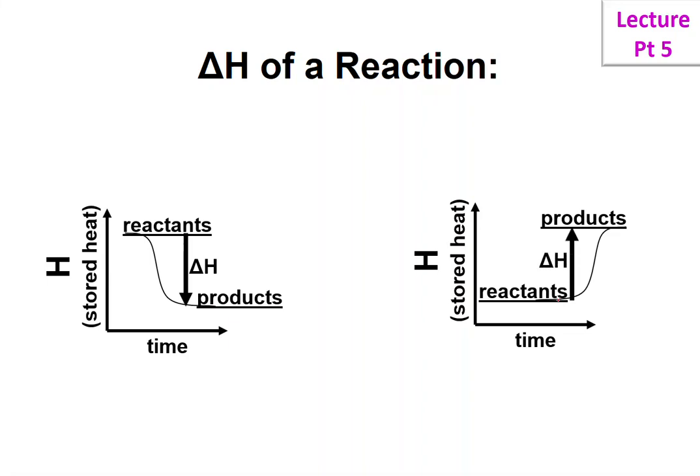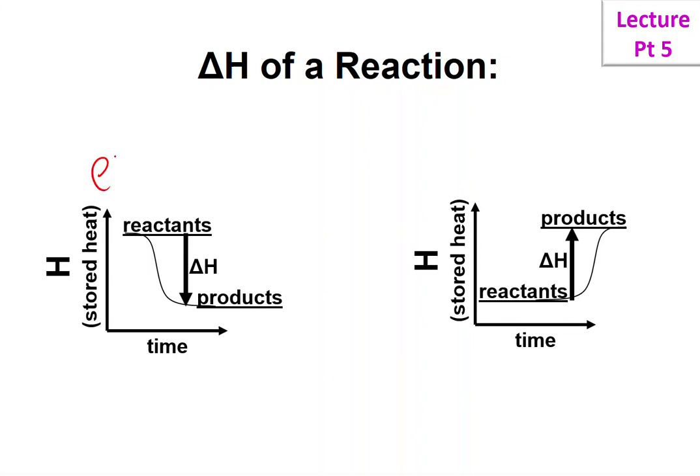On the other hand, if you have reactants that have a low energy, a low amount of stored heat, and they become products that have more energy, well, that's going to require heat being taken in.